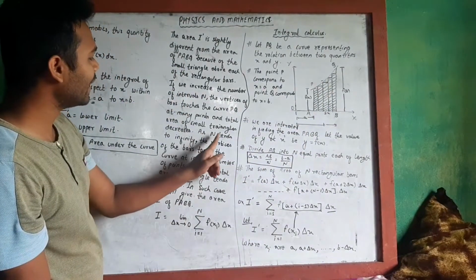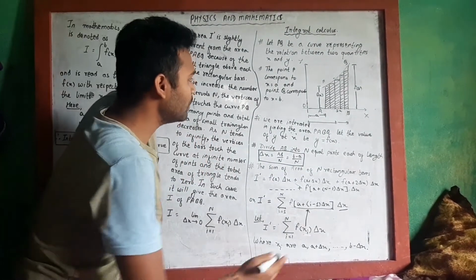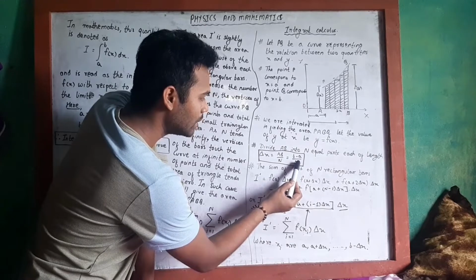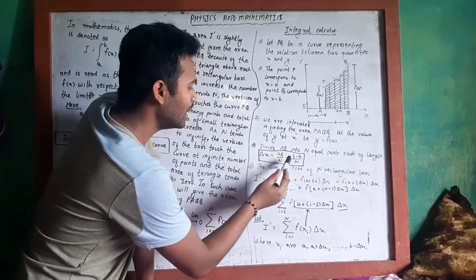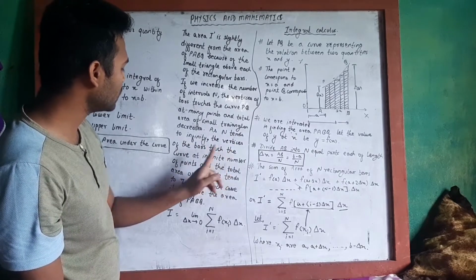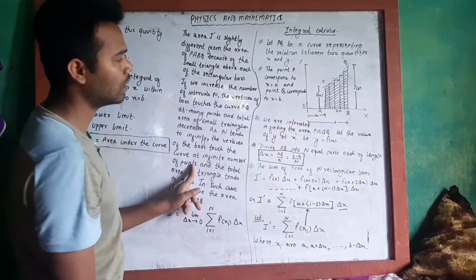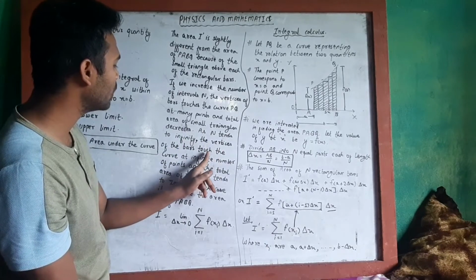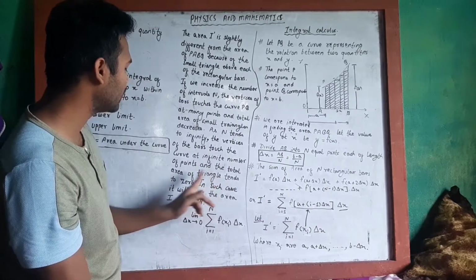Now as n tends to infinity, what happens? If n tends to infinity, then the value of del x tends to 0. That means the vertices of the bars touch the curve at an infinite number of points, and the total area of the triangles tends to 0.